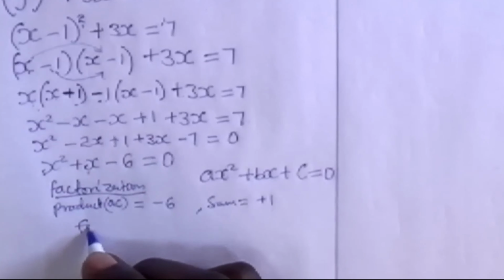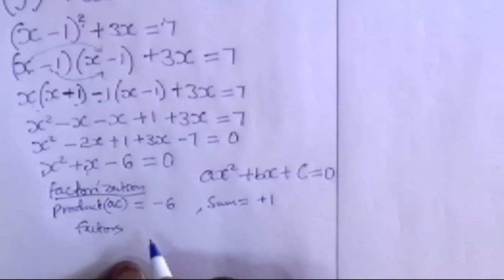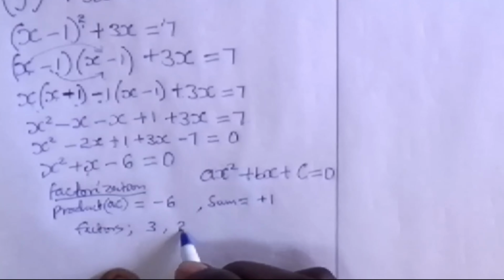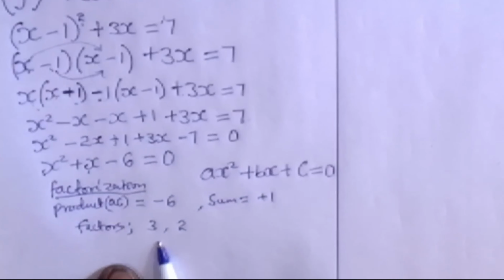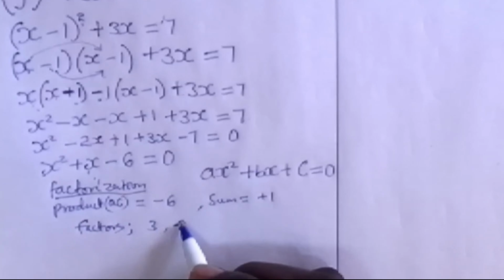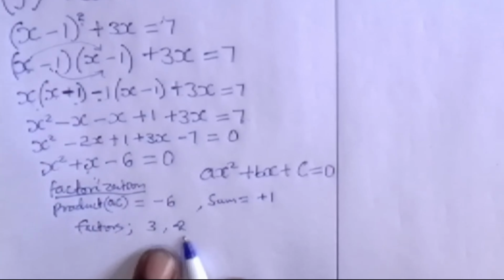The factors are 3 and 2, but 2 will be negative, so that 3 plus minus 2 gives positive 1.